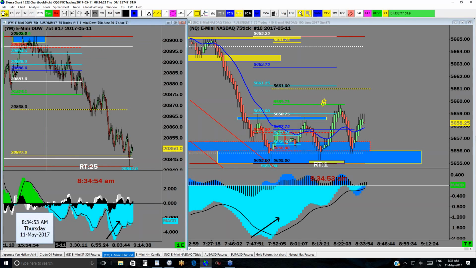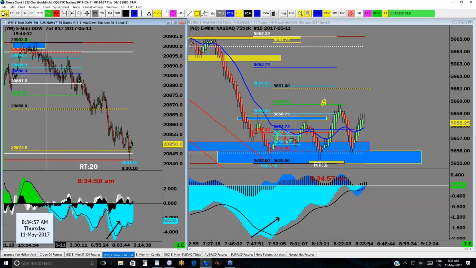The chart on the left is the YM. The timestamp is 8:30 and 10 seconds. It is now 8:35. See if there'll be a push up here to retest 20868.